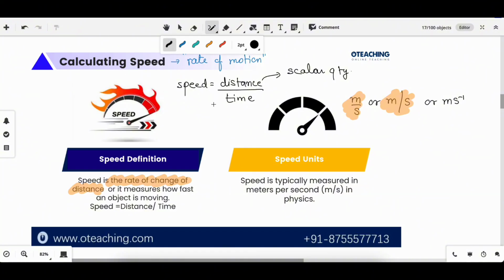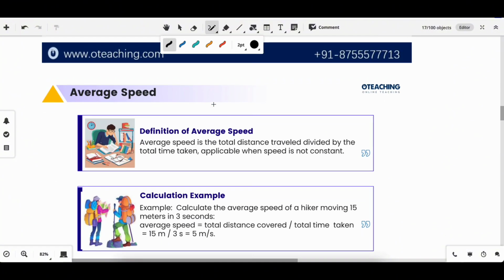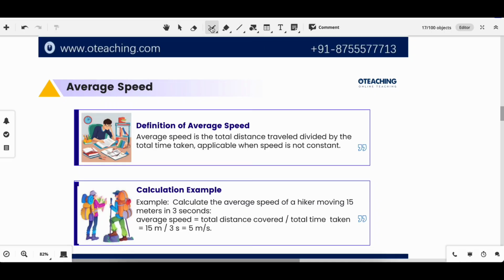Okay. Now, after understanding this, the next thing that comes up is the average speed. See what happens here. Why do we calculate the average speed? Because suppose you are going from point A to point B. Is it necessary that you move with the same speed?